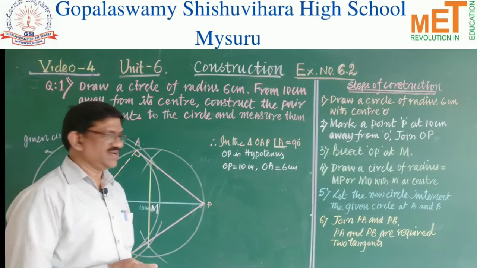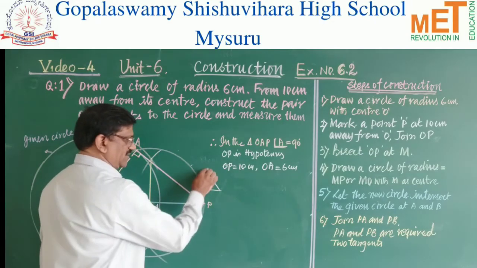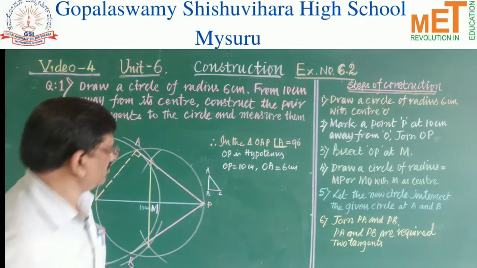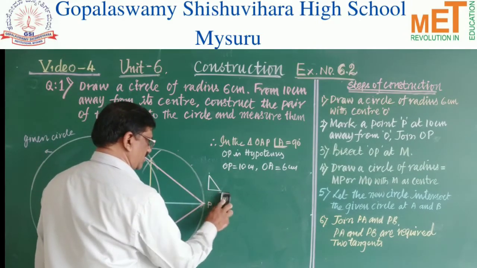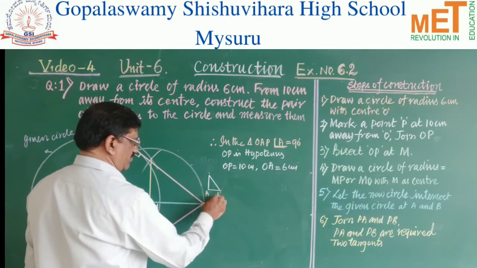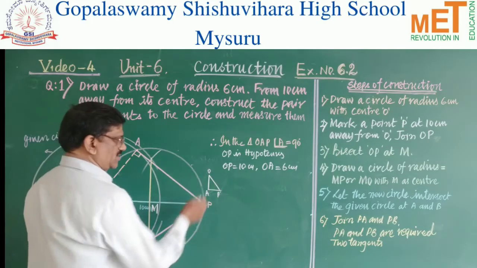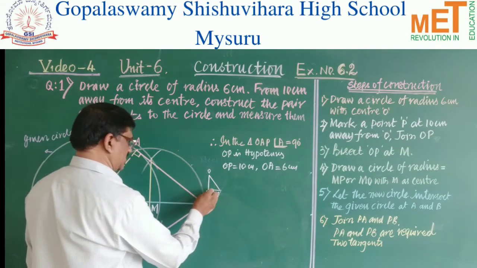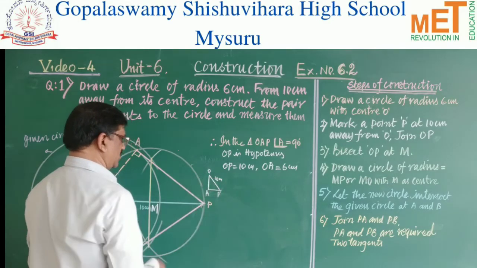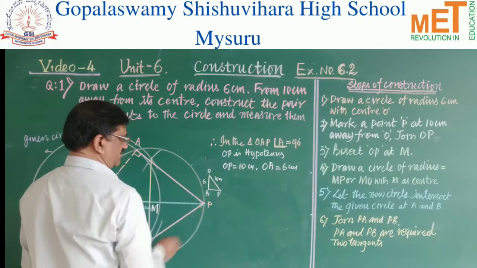In a right angle triangle ABC, or according to the naming here only, I'll take it as APO, OAP. So OP is equal to 10 centimeter and OA is equal to 6 centimeter.